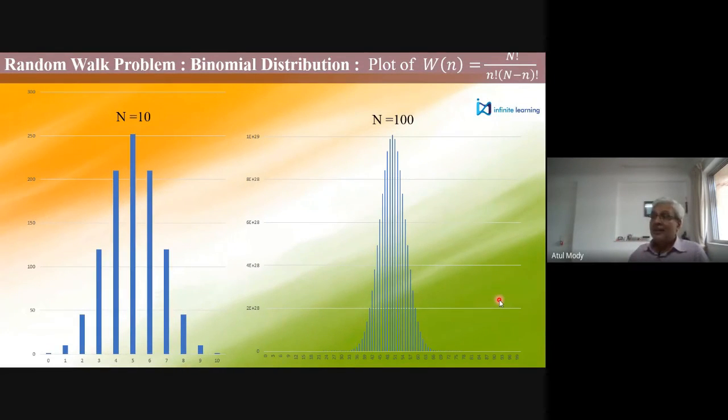So if I start with a gas in a box, the probability that all the gas molecules will go onto the left half, or many of them will go onto the left half and very few on the right half, or the other way, is very, very tiny compared to half of them on the left half and the other half on the right half.